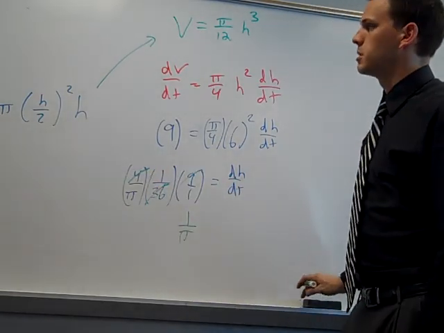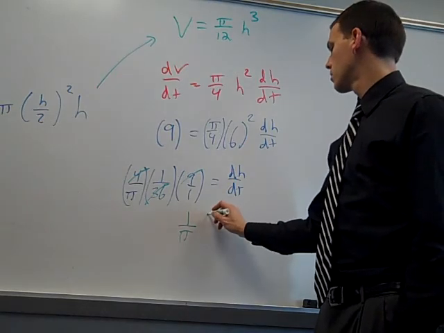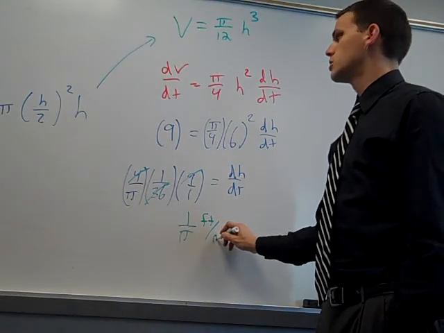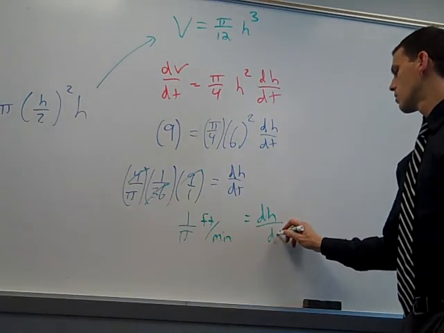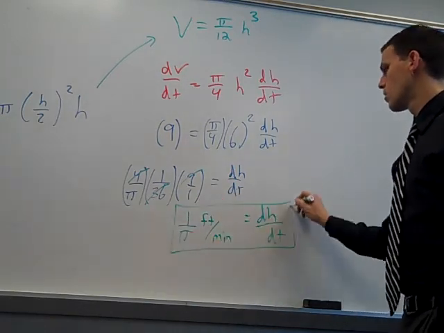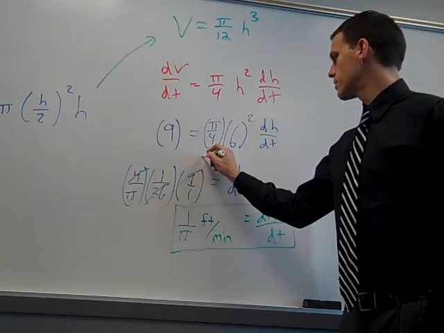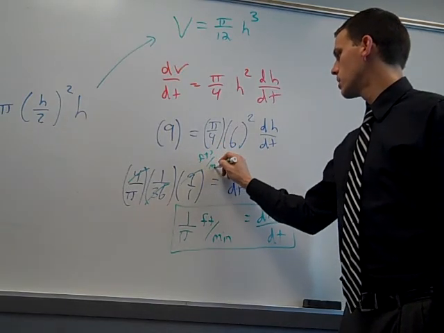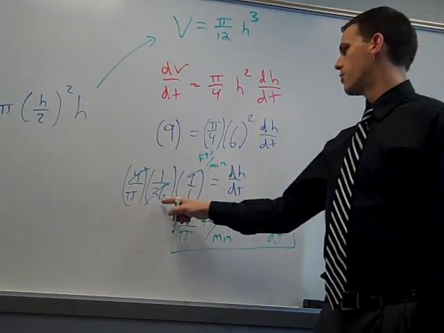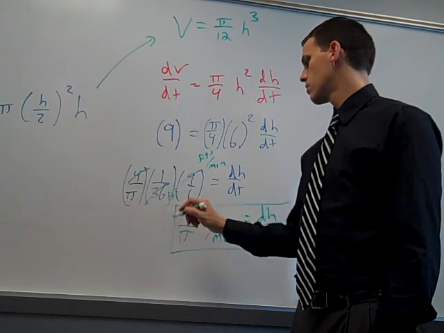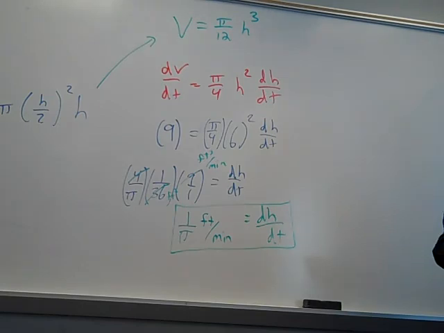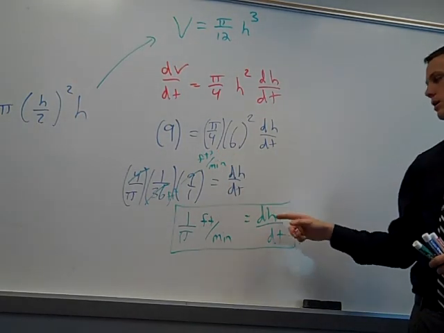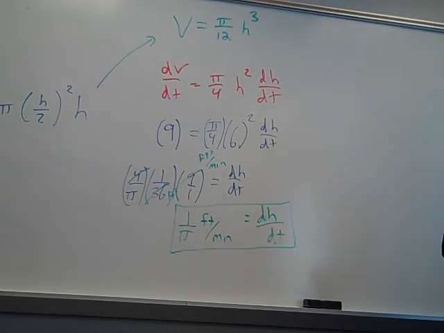And then what would the units be? Feet cubed per minute? Should just be feet. Volume is feet cubed per minute, and 36 is feet squared. 4 over pi is a constant. So the feet squared and the feet cubed go down to feet. There's the answer.